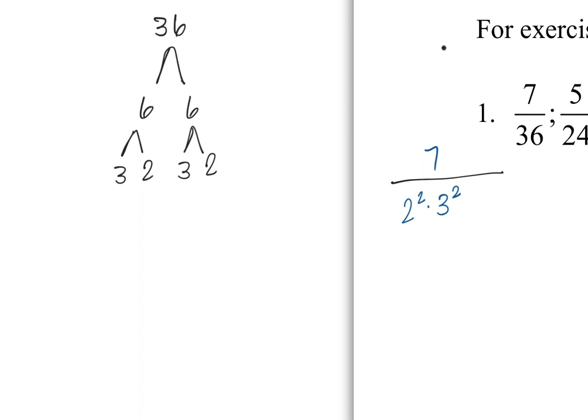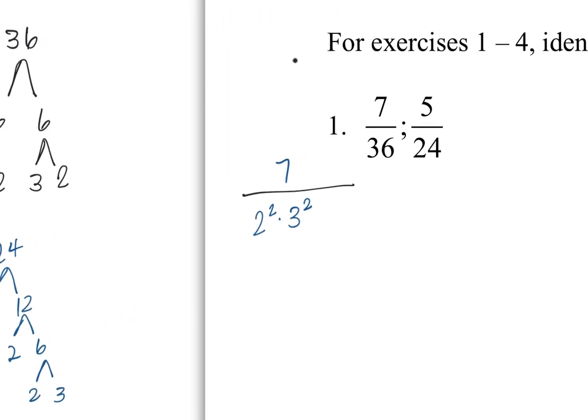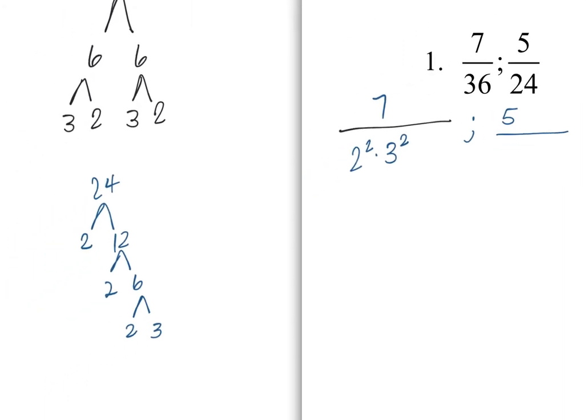So looking at 24, it is 2 times 12, which is 2 times 6, which is 2 times 3. And now we have prime numbers. So instead of writing 24, I could think of how many 2's there are.